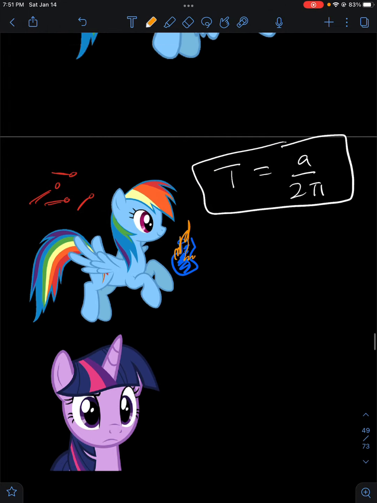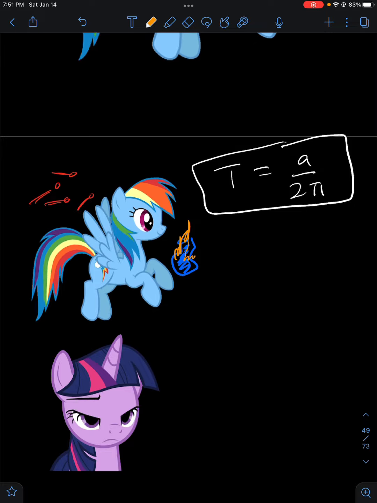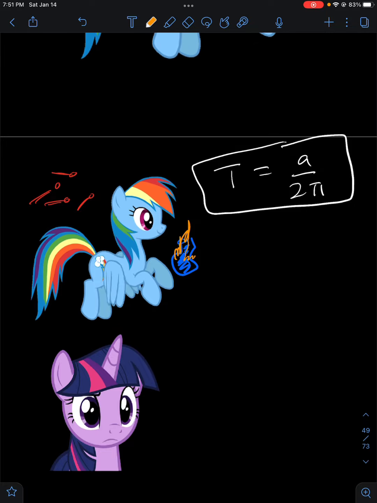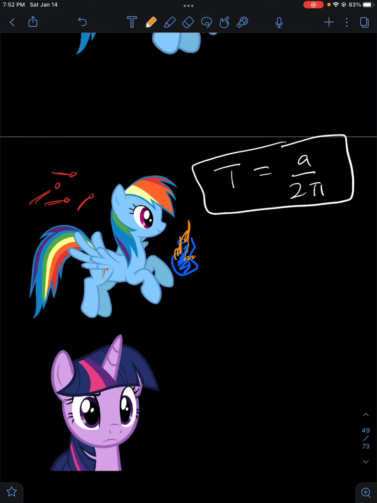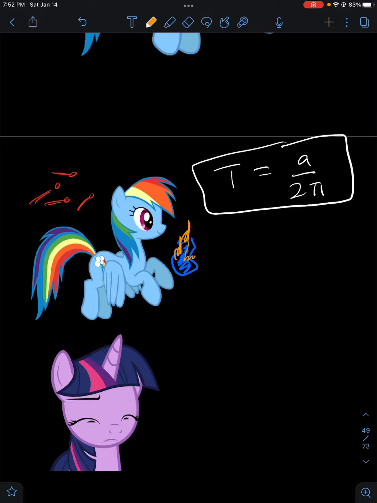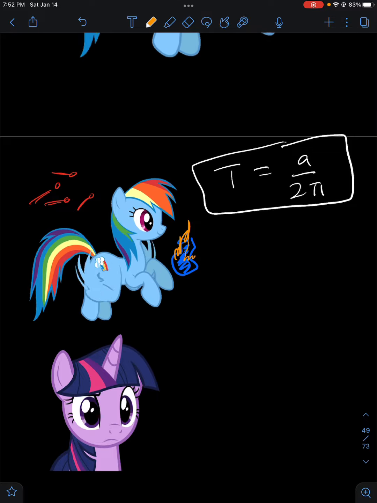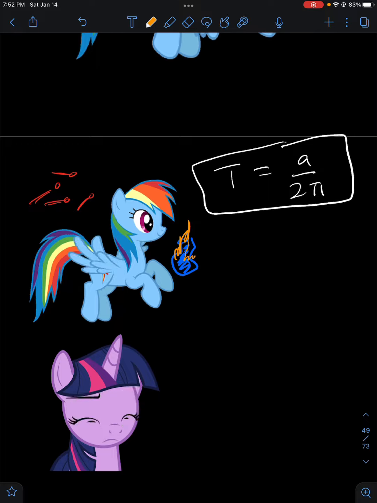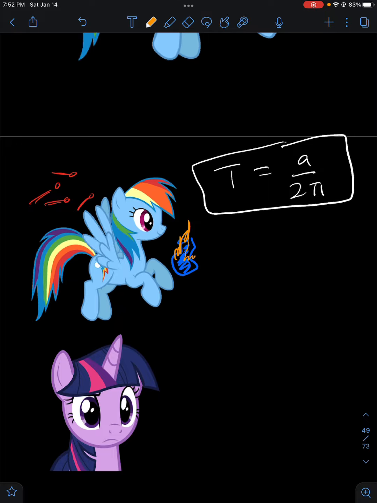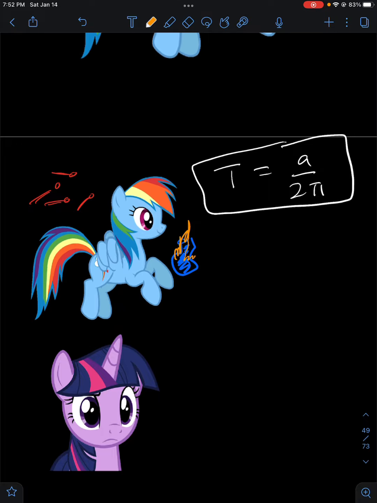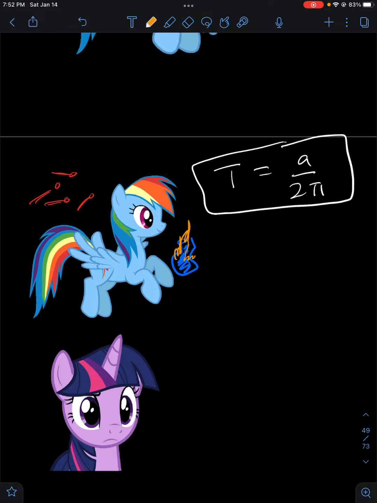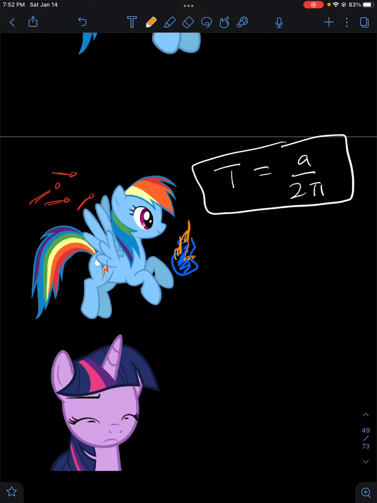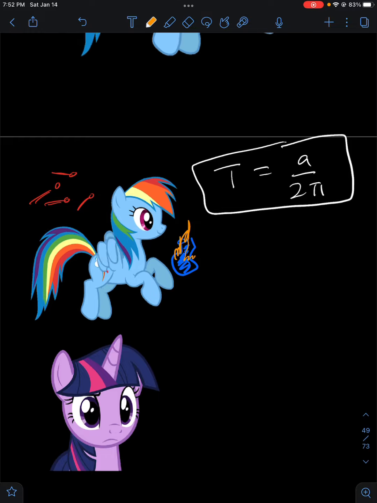So how will Twilight explain the fire that she sees from the potion if she sees no particles? Well, it turns out that Twilight will see Rainbow Dash's quantum field, or she's going to see the potion being coupled to the quantum field. And since Rainbow Dash is accelerating, that's going to cause some sort of friction with that quantum field. And that friction will generate temperature. That's a very simplified way of saying it.